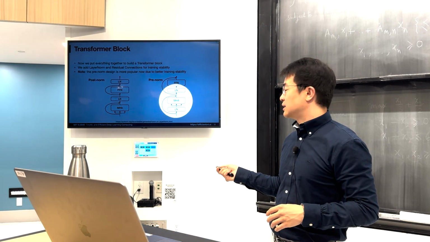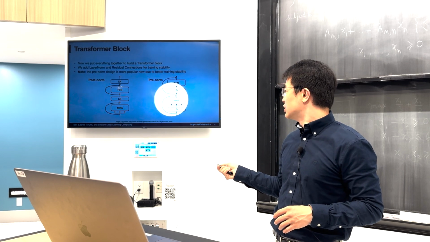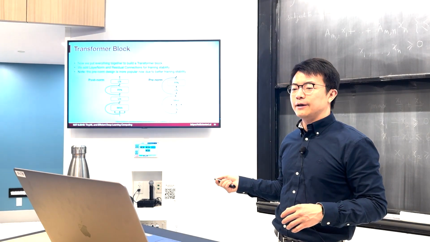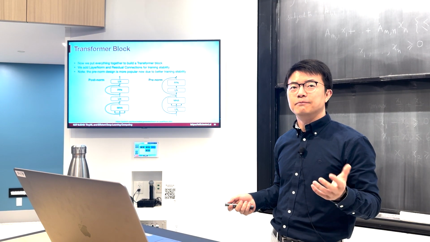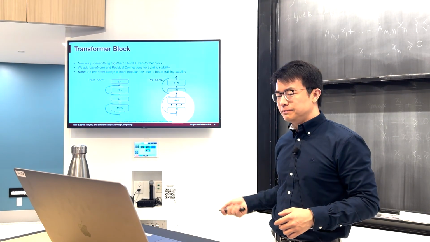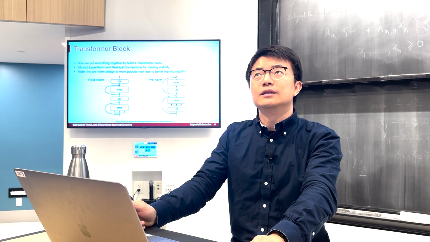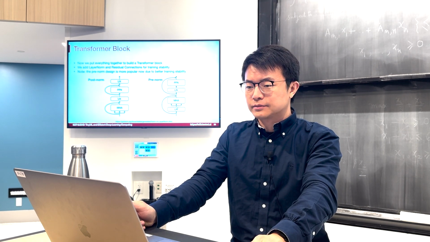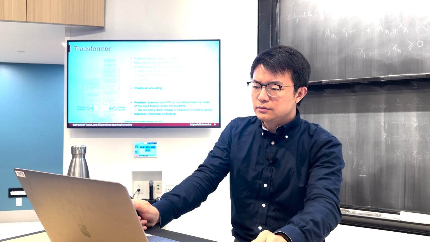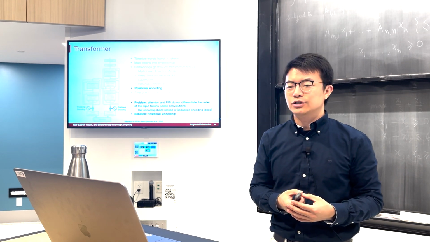Say if multi-head attention is very difficult to quantize due to lots of outliers, you can smooth it by folding the multiplier into the layer norm. We are going to see more detail about that in the next lecture. Okay, so that's the layer norm and also the residual connection.